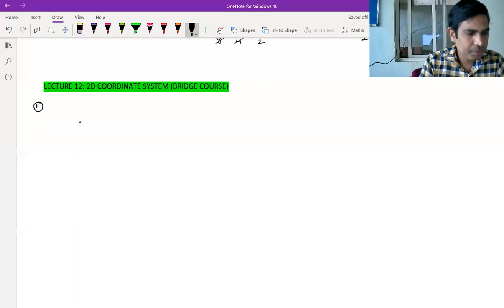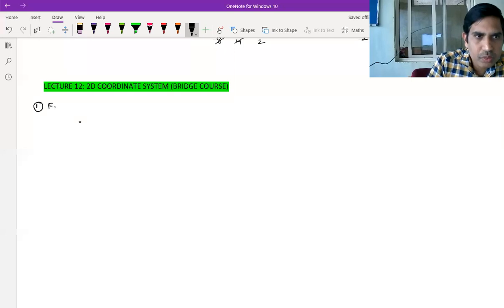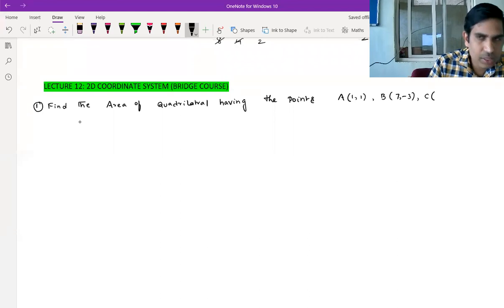Right. First question. Find the area of the quadrilateral having the points A(1, 1), B(7, -3), C(12, 2), and D(7, 21) as vertices.